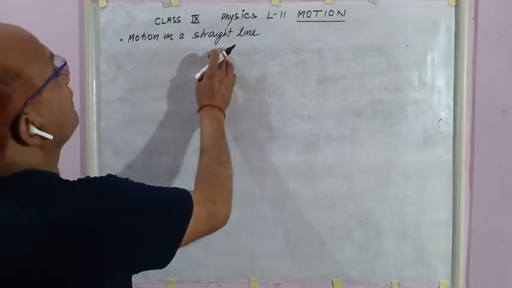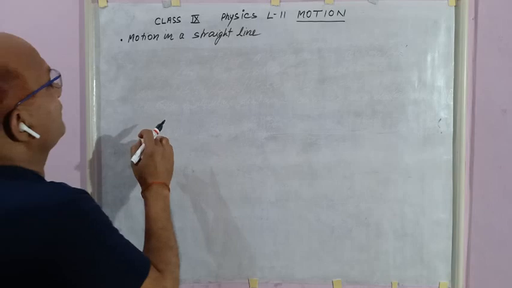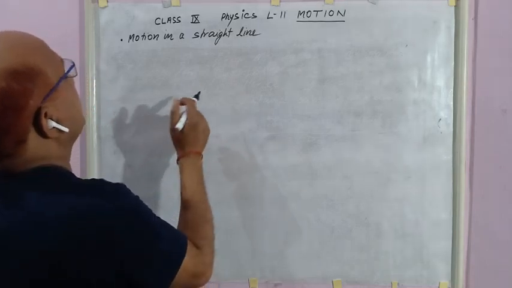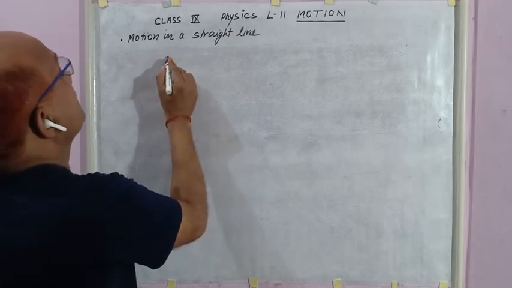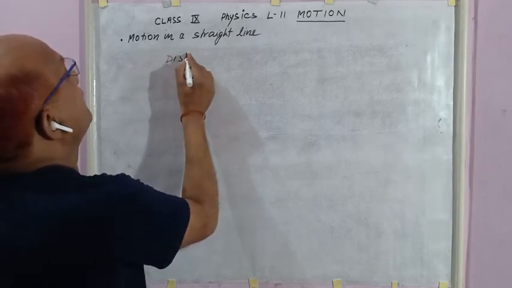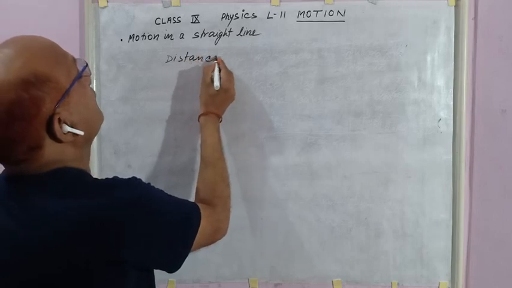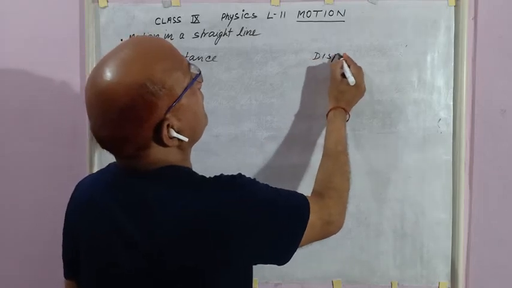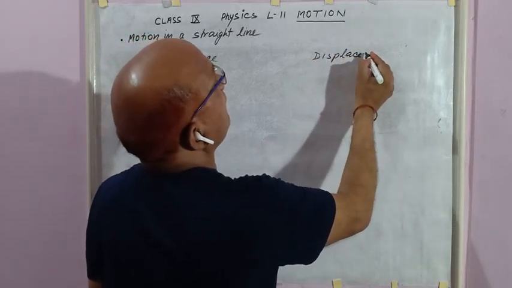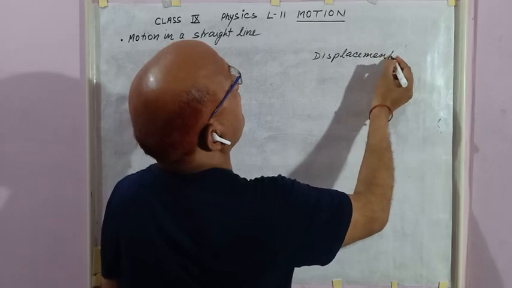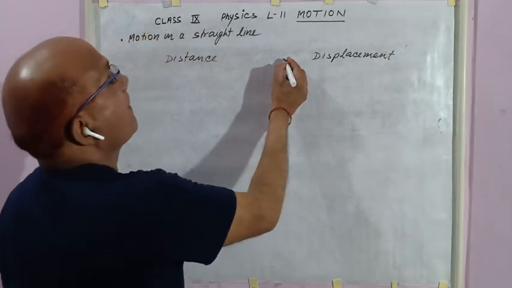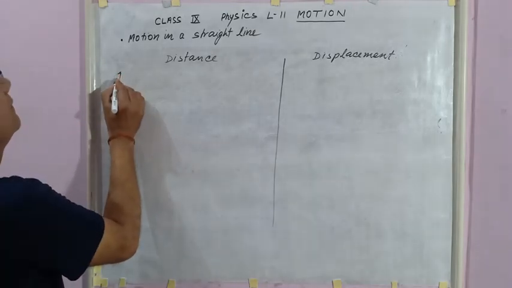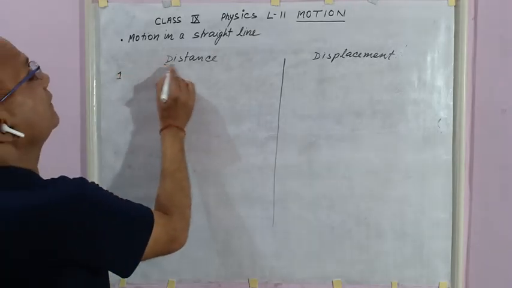Now let us see what we have learned from these examples about distance and displacement. Number one, what is distance?